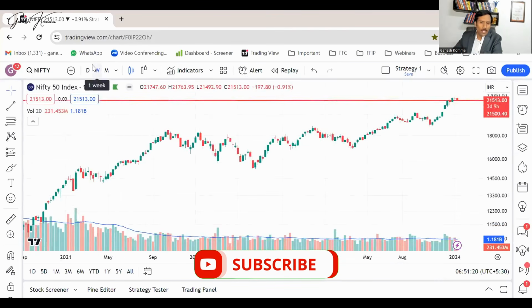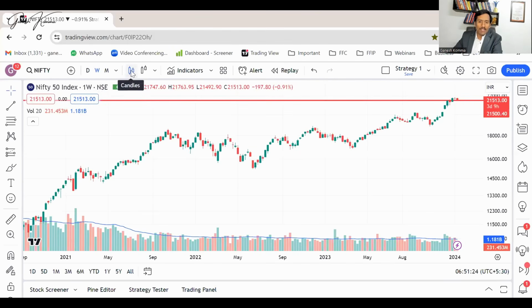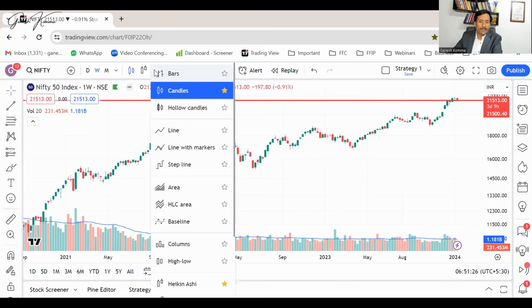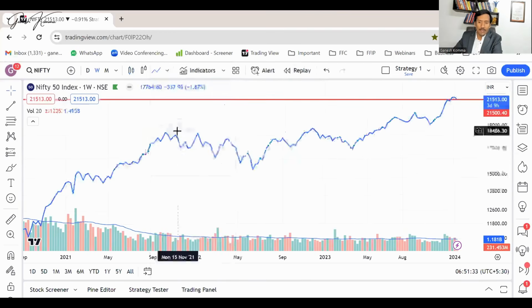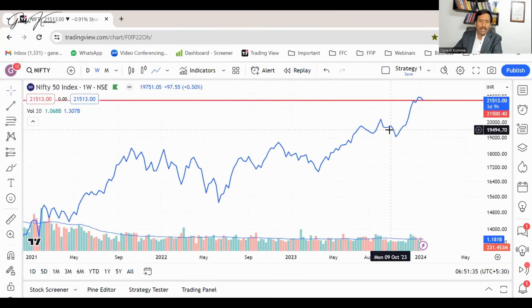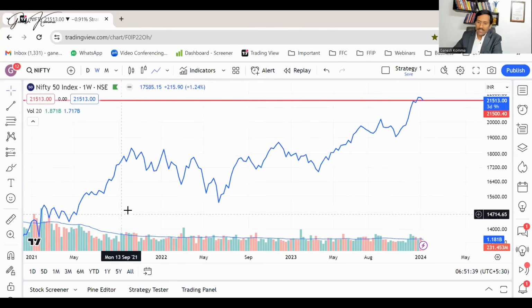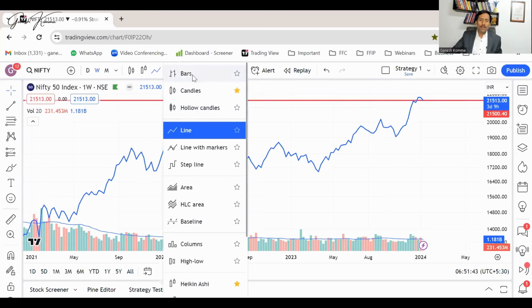So how do we select that? Next to your time frame, you have your daily, weekly, and monthly. This is how you will be selecting, right? So we have observed the bars, candlestick chart, hollow candles, line. If you observe the line, it's a solid line, right? Every day's closing will be connected and a solid line will be formed.